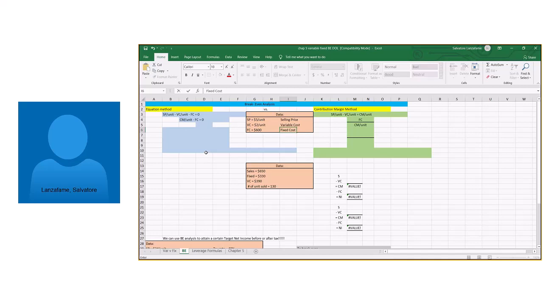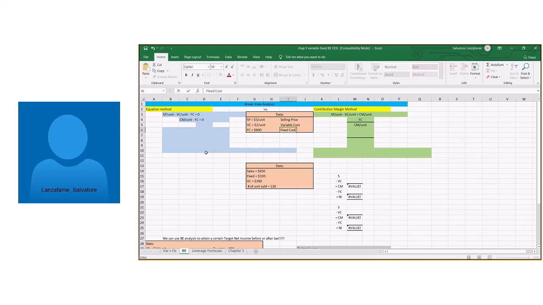When you're running a business, whether it's in the medical field or non-medical field, you're trying to figure out what do you have to do to break even. For example, let's say I do a break-even analysis for a shoe store, and I find out that I need to sell 30 pairs of shoes in order to break even. Anything below 30 pairs of shoes, I'm losing money. Anything above 30 pairs of shoes, I'm going to be making a profit.